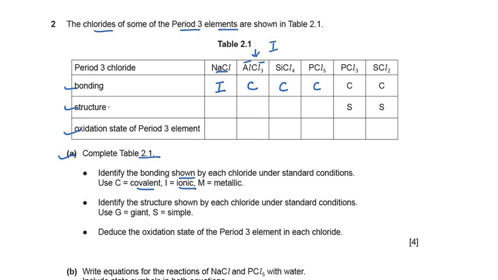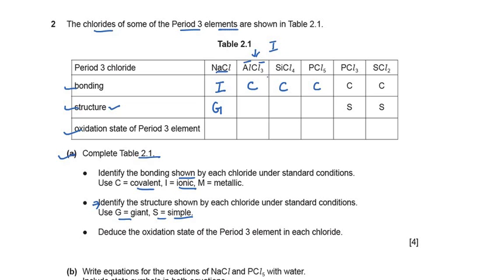If we talk about structure, the next point says identify the structure shown by each chloride under standard conditions. Use G for giant and S for simple structure. Obviously, if NaCl is an ionic compound, it is going to be giant.